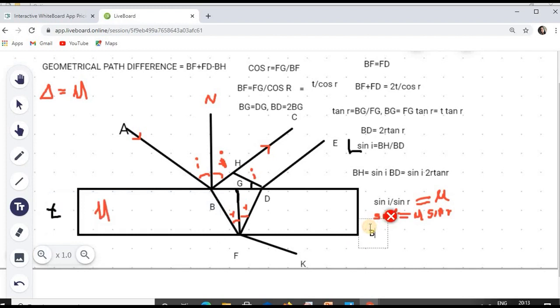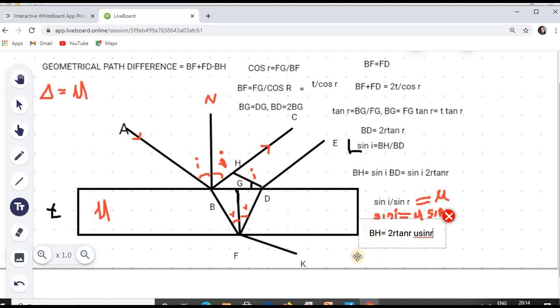So I will get BH is equal to 2r tan r into mu sin r. And what is tan r? It is sin r by cos r.